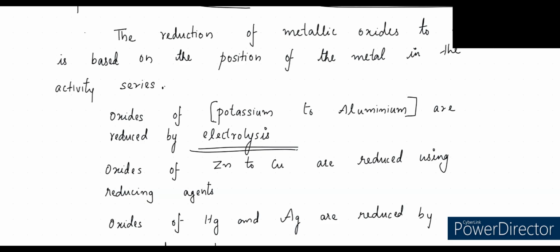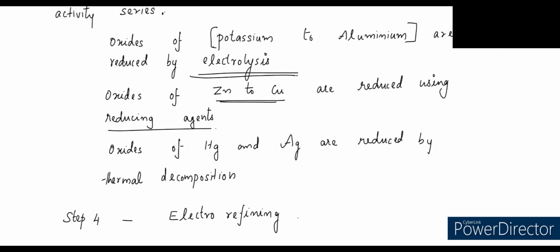Then those elements which occupy the middle part of the activity series, zinc to copper, zinc oxide, iron oxide, etc., are reduced using suitable reducing agents. What are examples of reducing agents? Carbon is a reducing agent. Carbon monoxide is a reducing agent. Even hydrogen can be used. So oxides of zinc to copper are reduced using a reducing agent like hydrogen, carbon, or carbon monoxide.